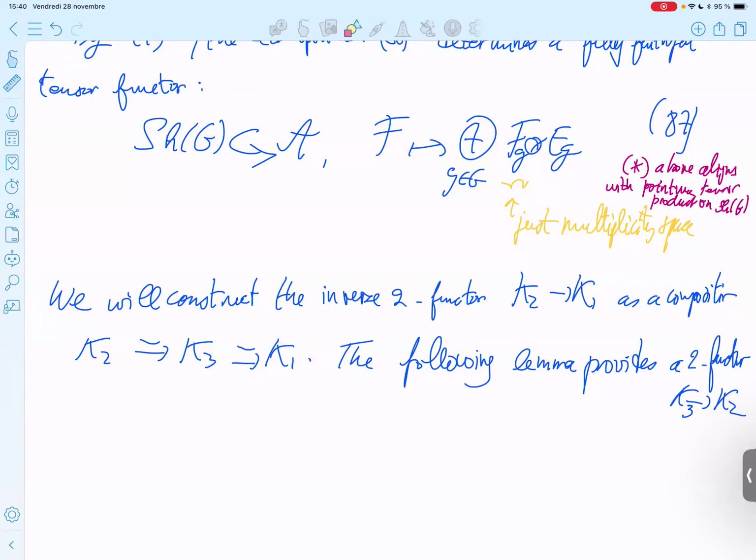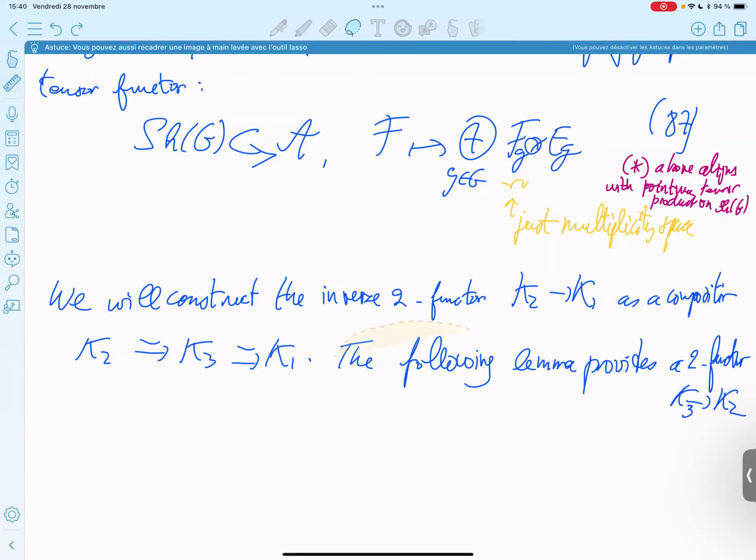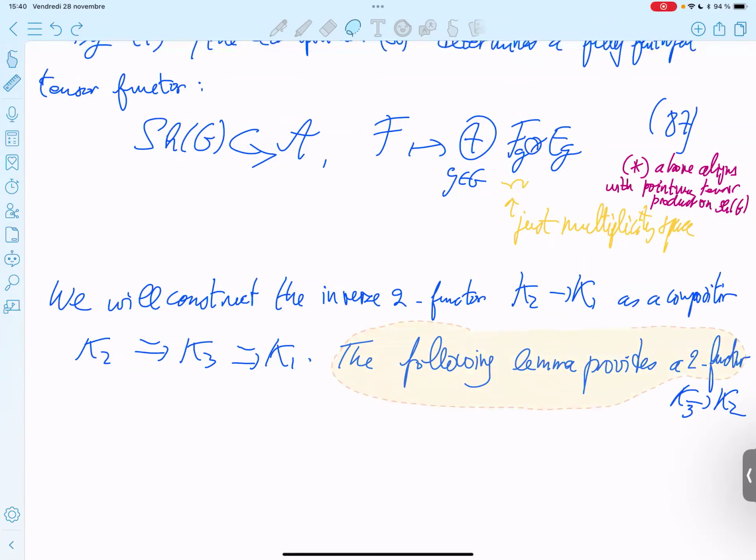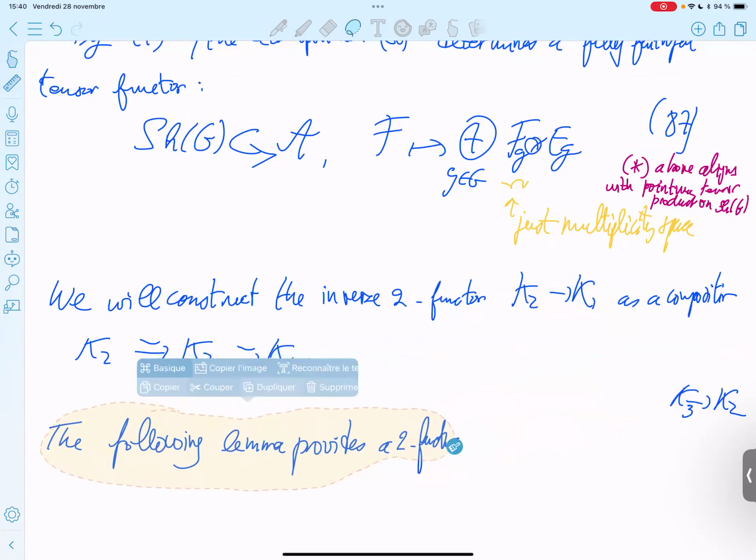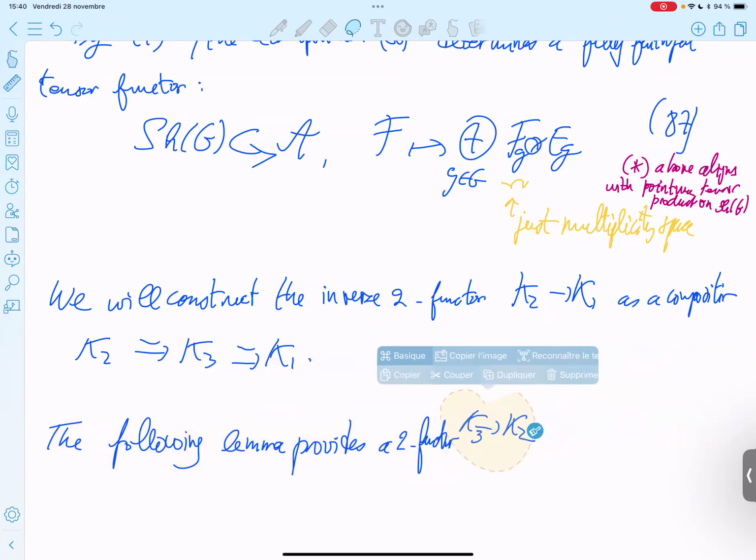So the following lemma will provide this way. And then we will show that it is a two-equivalence, so we will provide the inverse. So we are still, let me maybe write here. Okay.